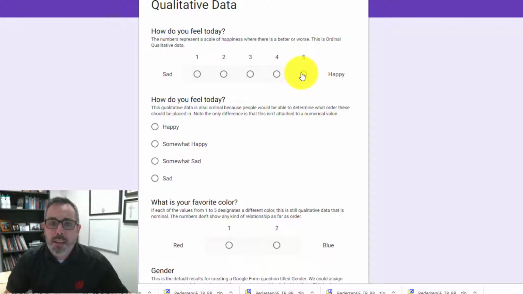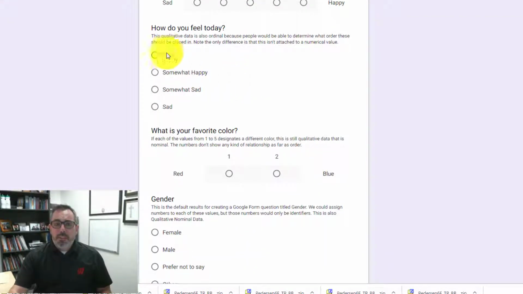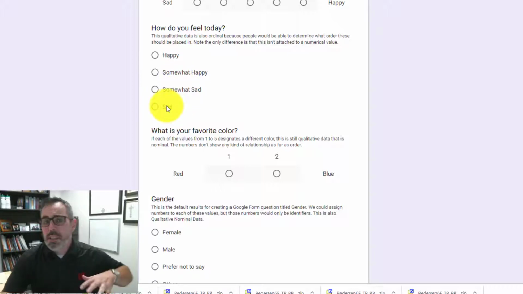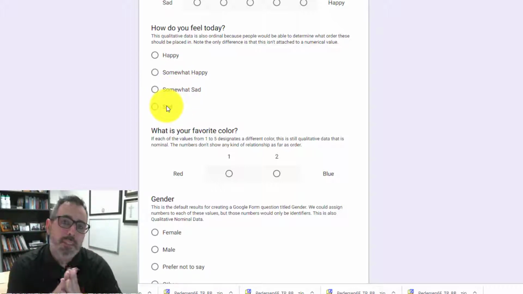That doesn't mean that this is numerical data. It really means I'm sad, happy, somewhat happy, or neutral. If I had asked that same question the exact same way, happy, somewhat sad, or sad, but didn't put any numbers on there, people would immediately say, yes, that's qualitative. That's both qualitative data.